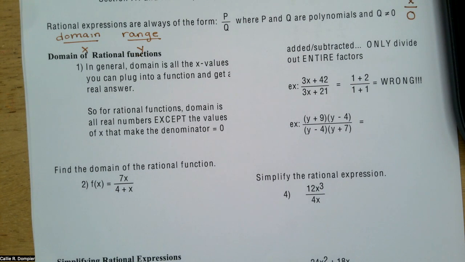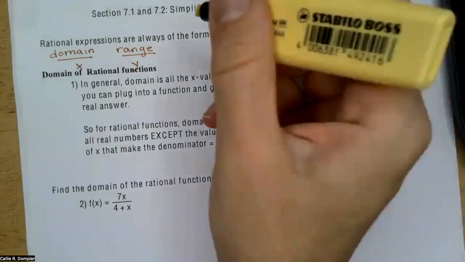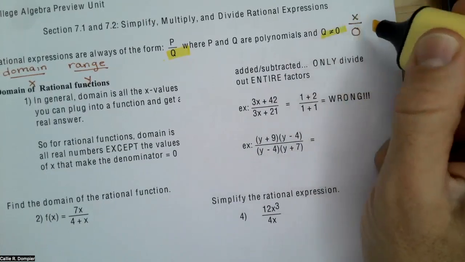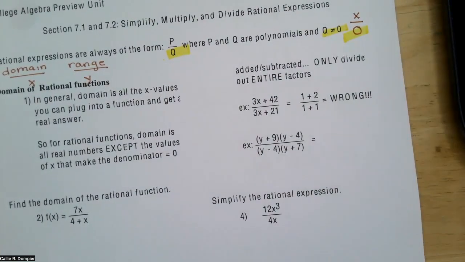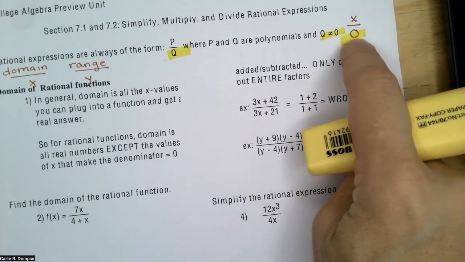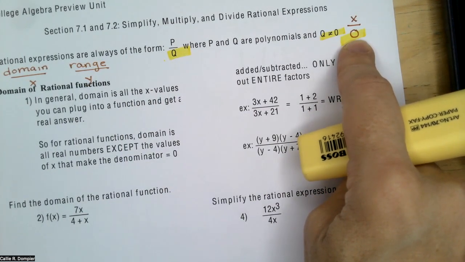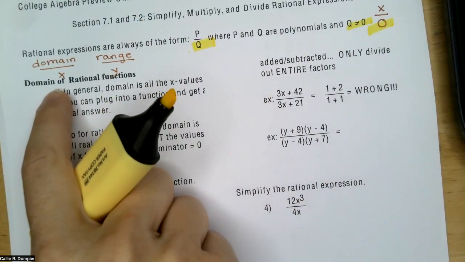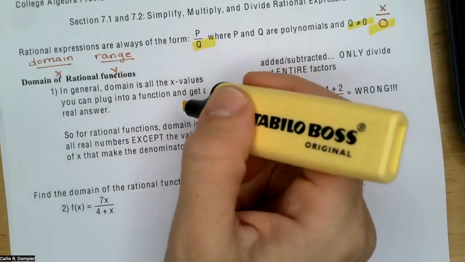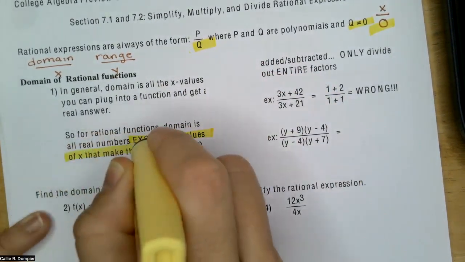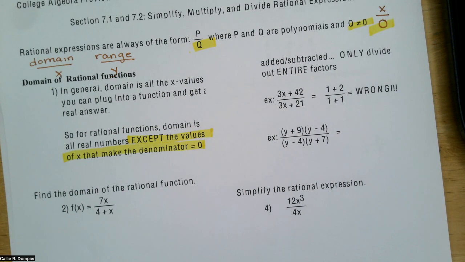Remember that the bottom can't be 0. Okay, so that's all saying the same thing. P over Q, where Q can't be 0, x over 0 is not defined. So the domain is your x value. It's any x value except the values of x that make the denominator equal to 0.